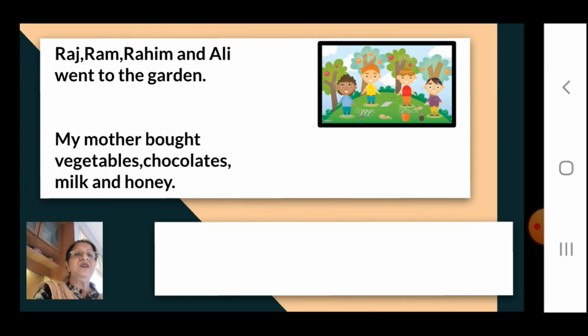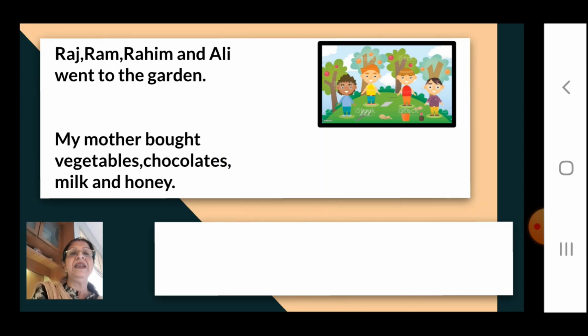Now just you see the picture and related sentence. In the first picture, there are 4 friends and the related sentence is: Raj, Ram, Rahim and Ali went to the garden. Here you can see after Raj we have put a comma, after Ram again we have put a comma.